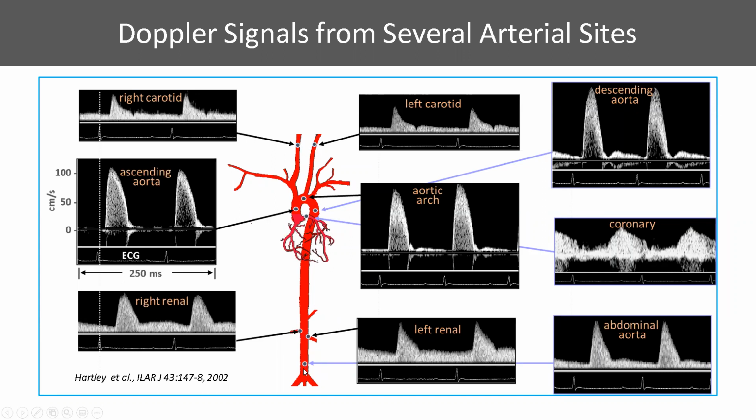In the abdominal aorta, whether it's here or here before the renals, we can get those signals. I didn't show the femorals and other locations, but you get the point that non-invasively we can get signals from many locations as long as you can identify the vessel and the shape of the vein.